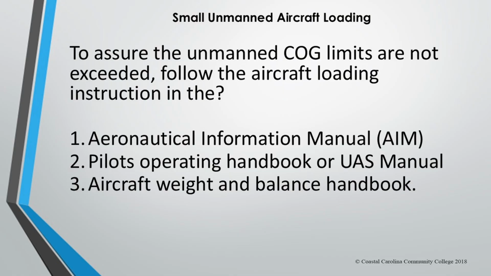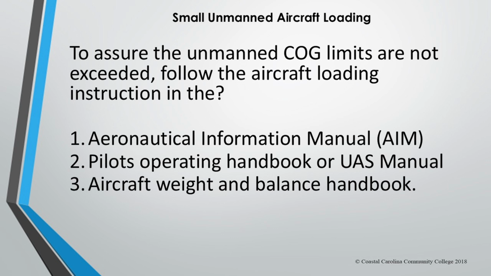To ensure the unmanned aircraft center of gravity limits are not exceeded, follow the aircraft loading instructions in the Aeronautical Information Manual, the pilot's operating handbook or UAS manual, or aircraft weight and balance handbook.